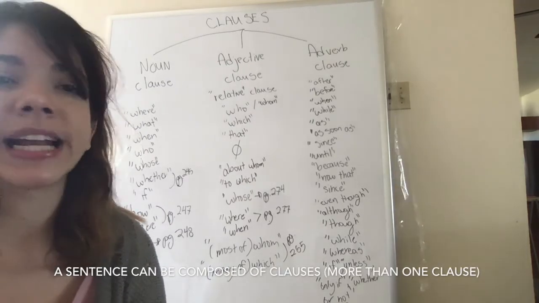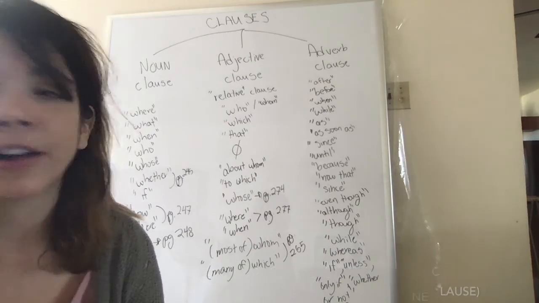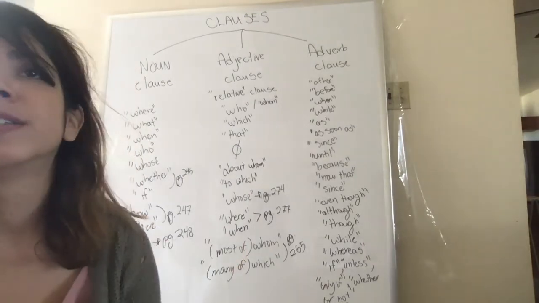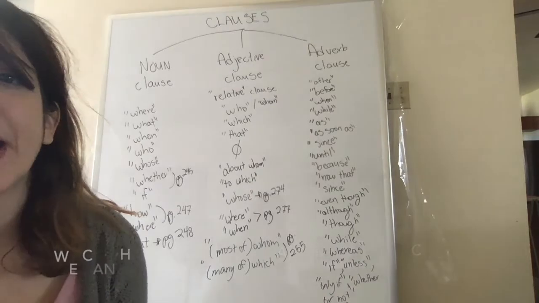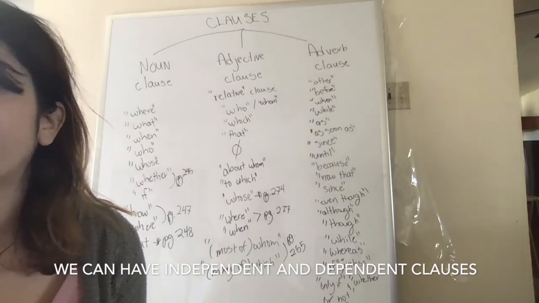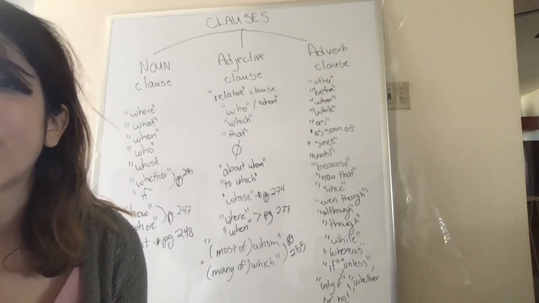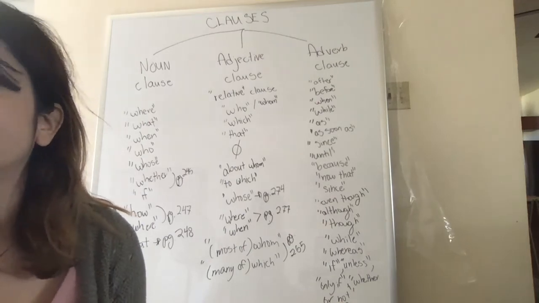Clauses typically have a subject and a verb inside. We can have an independent clause, which is the main clause or component of that sentence, or we can have a dependent clause, a clause that depends on another component of the sentence to communicate meaning.